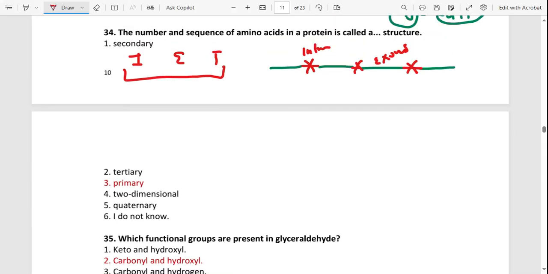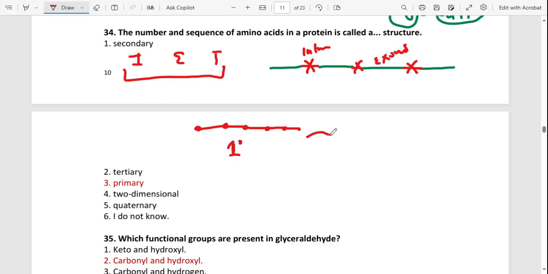34. The number and sequence of amino acids in a protein is called a what structure. So let's say we've got amino acid A, bonded to amino acid B, bonded to another one, and another one. We call this a primary structure.